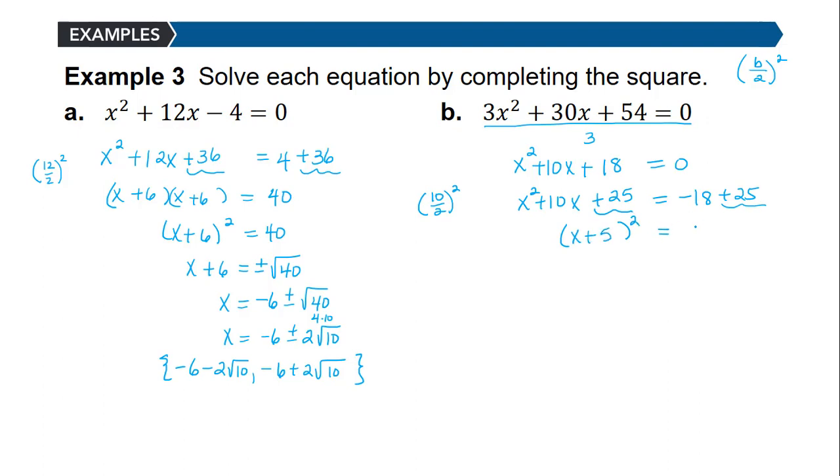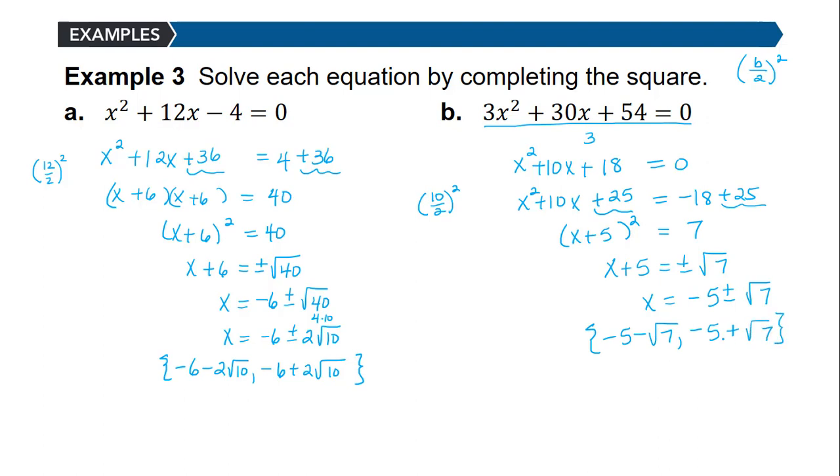Negative 18 plus 25 is 7. By the square root property, we get that x plus 5 is equal to plus or minus the square root of 7, and subtract 5 from each side to get negative 5 plus or minus the square root of 7. So the two solutions are negative 5 minus the square root of 7 and negative 5 plus the square root of 7.